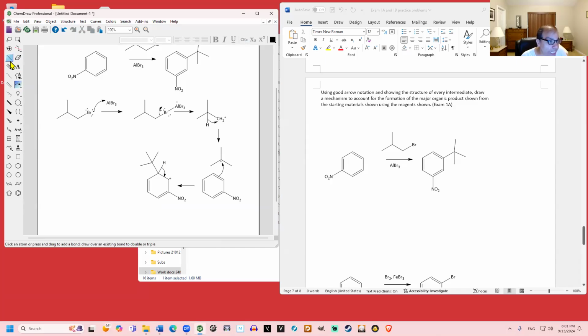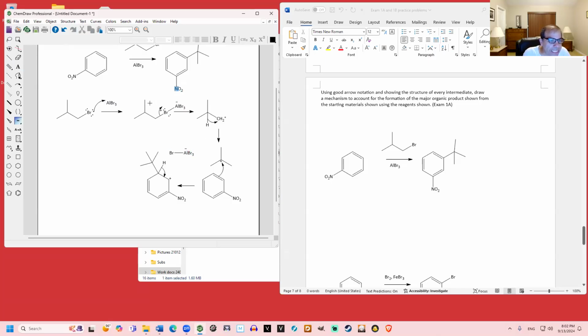The only thing we have is this tetrabromoaluminate salt, or anion, maybe I should say, that we generated back here. That's where that comes from.